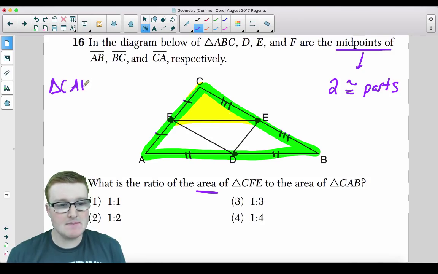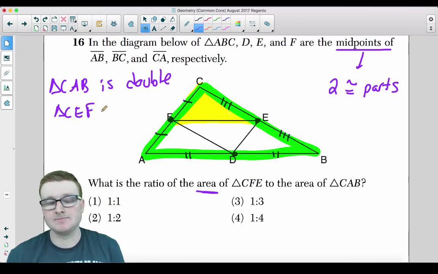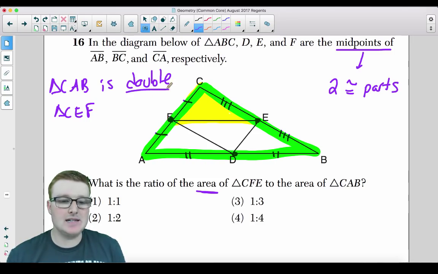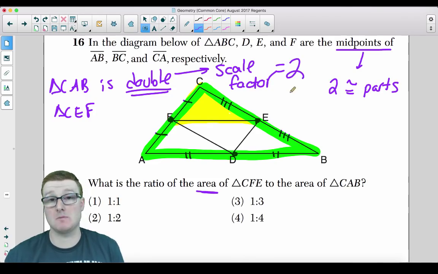Triangle CAB is double triangle CEF, okay? So if it's doubled, that is your scale factor. The scale factor in this case is 2.